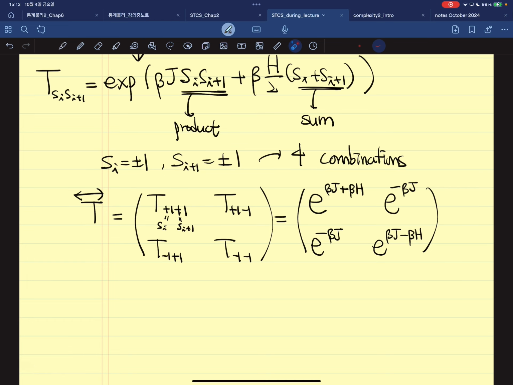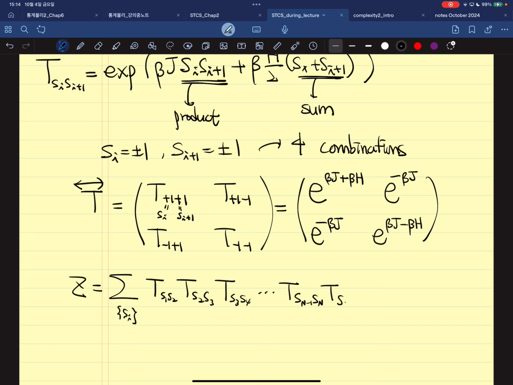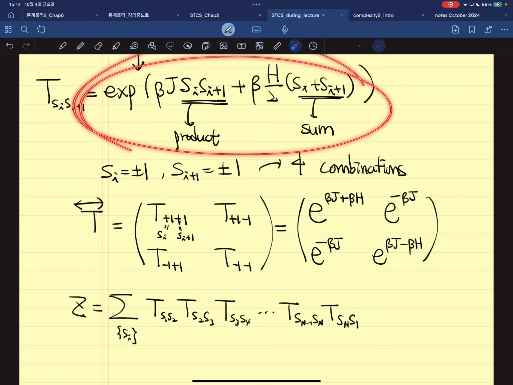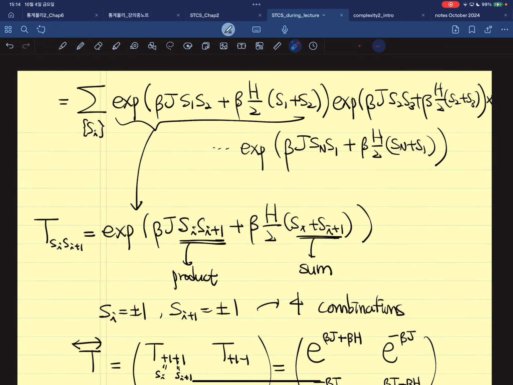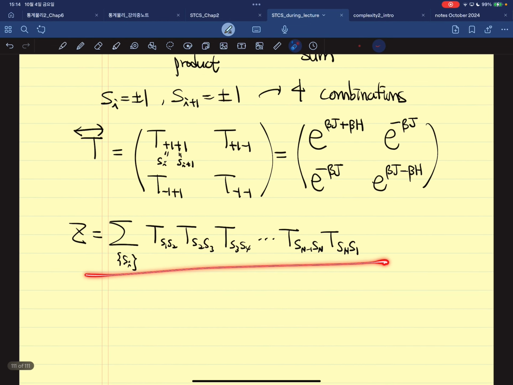So in this case, we can write down this partition function as T S2 S3, T S3 S4, etc., and T Sn minus 1 Sn, and T Sn S1. Because this matrix element is just this formula. So it's a product of this matrix element, the very long product of this matrix element.